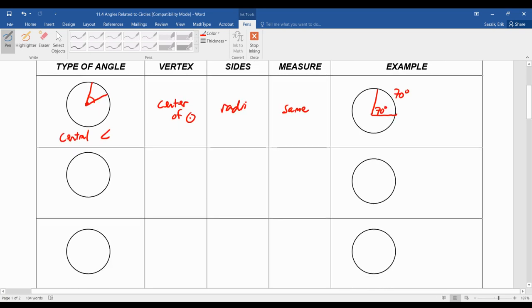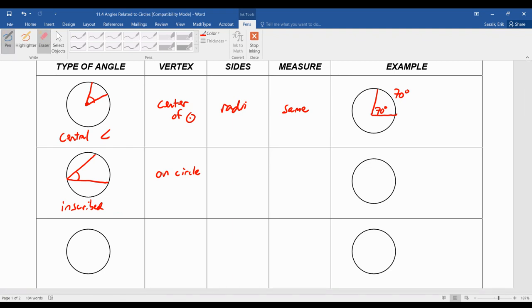Okay, and then the next one, we talked about this a couple lessons ago as well. This angle is called an inscribed angle. And we did a little proof on this relationship that we're going to get to in a second. Now, this differs from the central angle because the vertex of this angle is on the edge of the circle, right? It's on the edge of the circle. These sides are made up of chords.